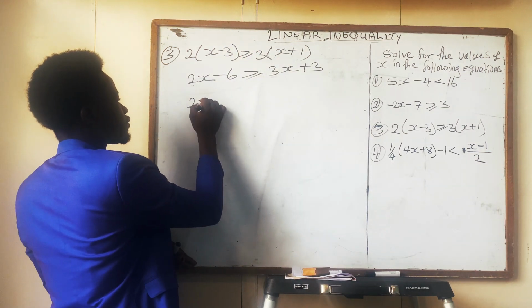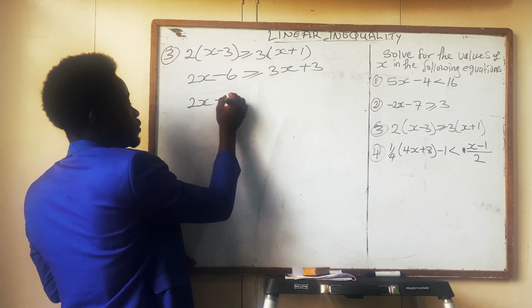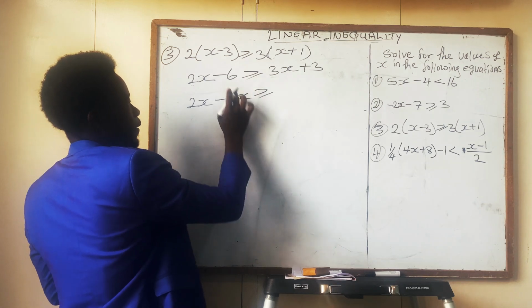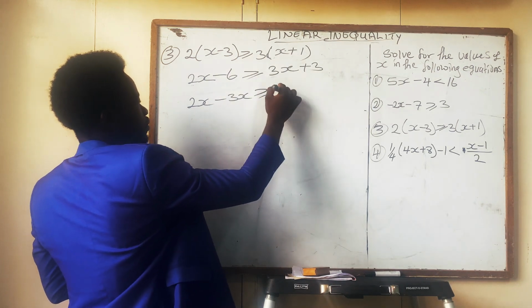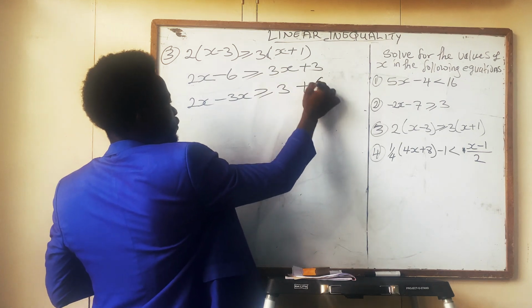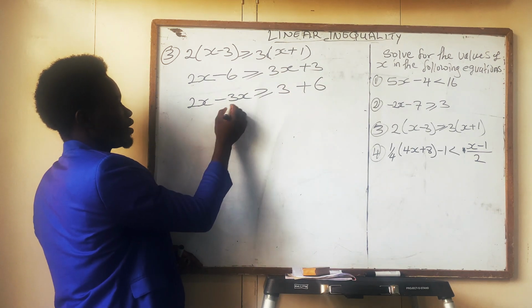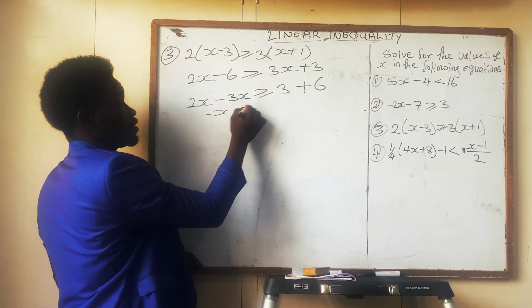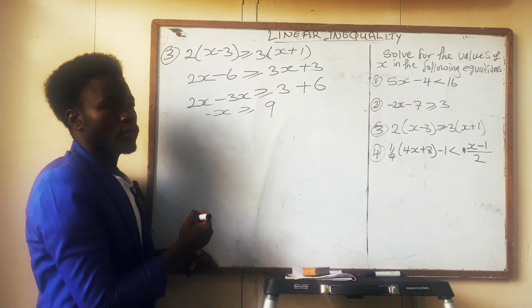So I have 2x, then this is positive 3x coming across here will become negative 3x, and the sign is still here. Then this is negative 6 coming across the sign, gives me positive 6. And now I subtract 2 minus 3 will give me negative x, and this will give me 9, right?